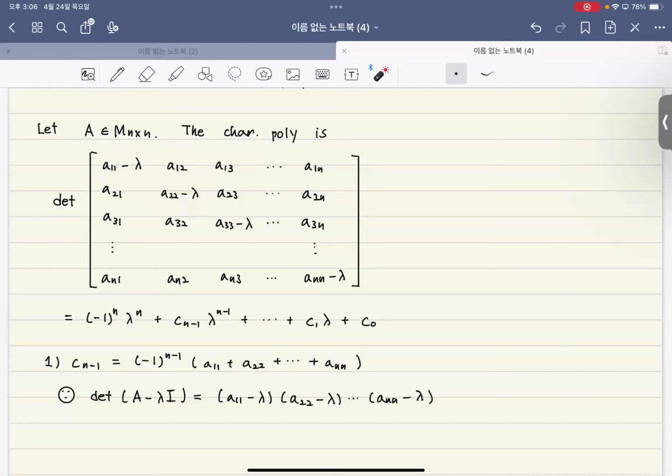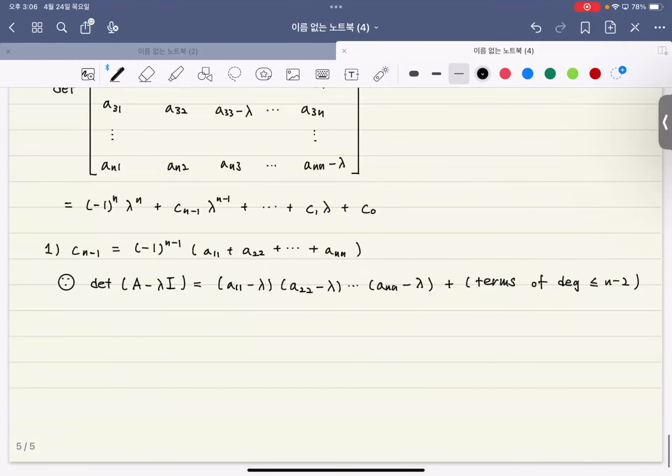No matter which column you choose for the first row, you automatically eliminate the possibility of those diagonal entries. Therefore all the other terms in this computation can involve at most n minus 2 diagonal terms, so all the other terms are of degree at most n minus 2.